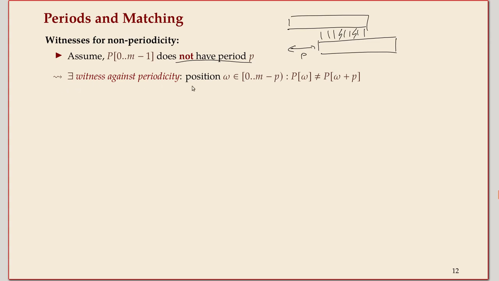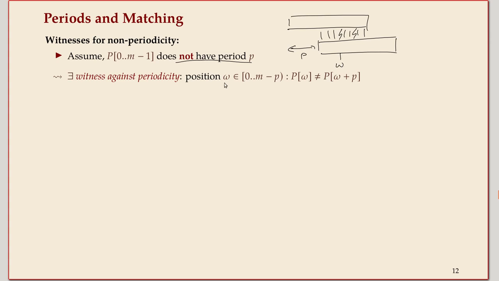So that means we can find a position. I called that position omega. It's actually down here. We can find a position that testifies against this periodicity.